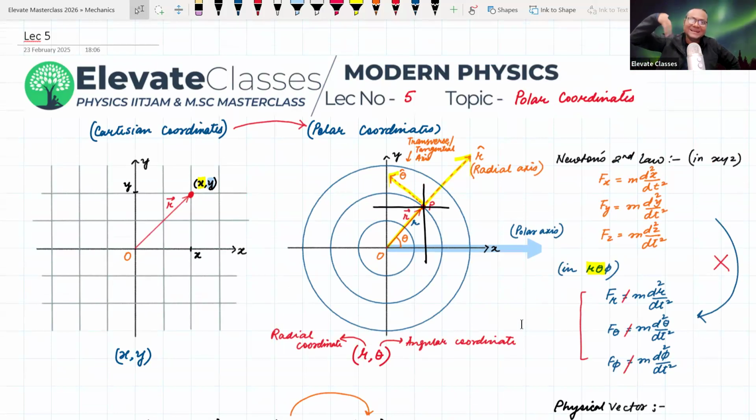So therefore, we automatically are in the presence of a polar coordinate system the moment we study rotation.